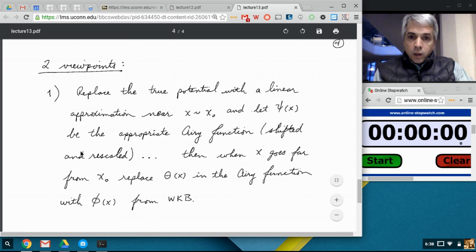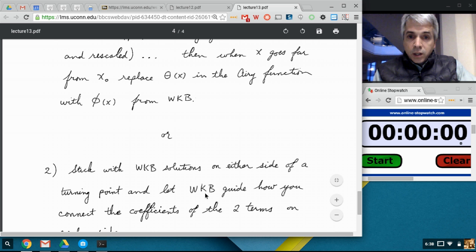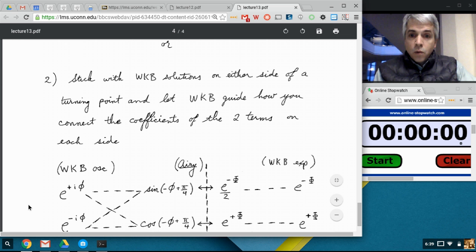Let's let WKB solutions stand on their own on either side of the turning point, and let the Airy functions guide how you connect the coefficients from the left and right going oscillators on the left-hand side to the left and right going exponential dampers on the right-hand side. Okay, and this one little map here I think will be super useful as you work on the homework.